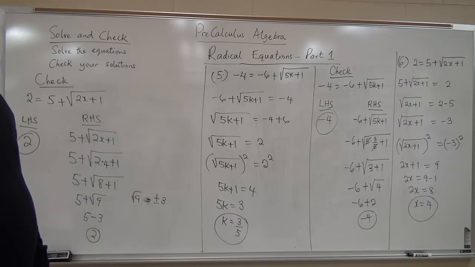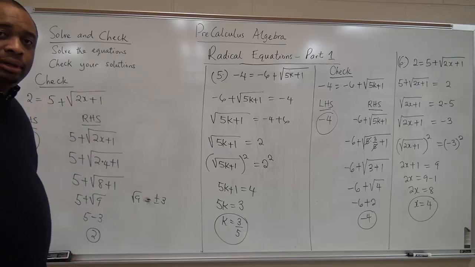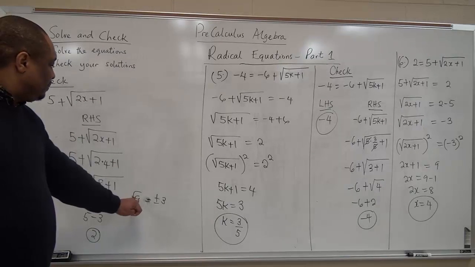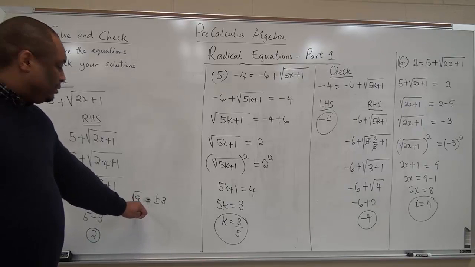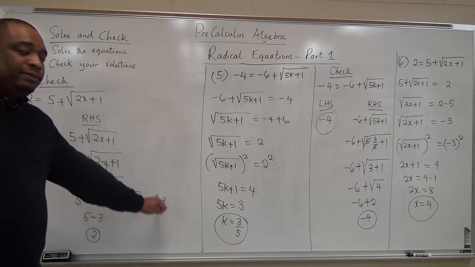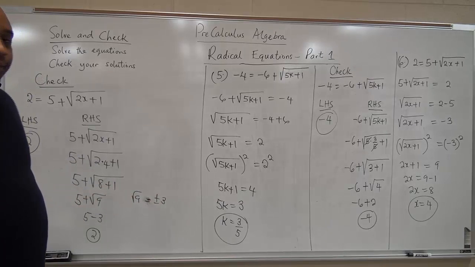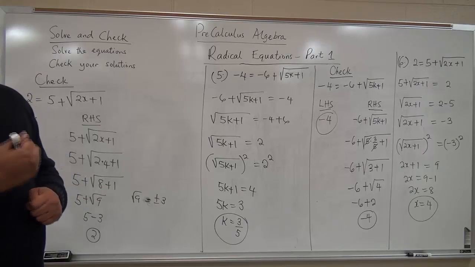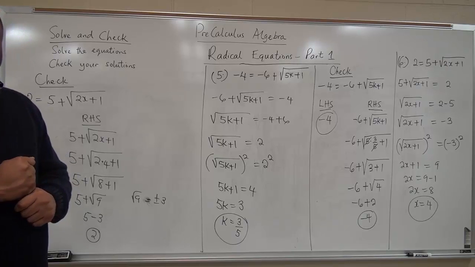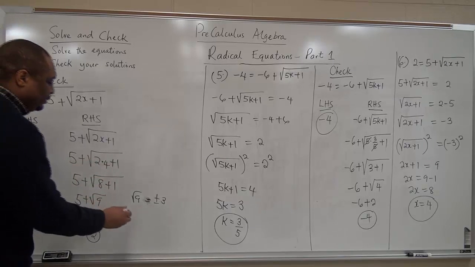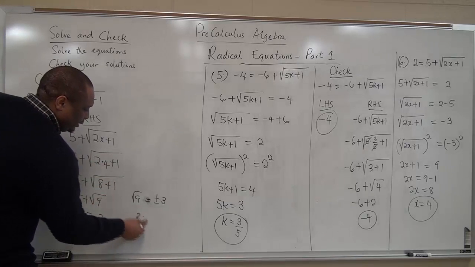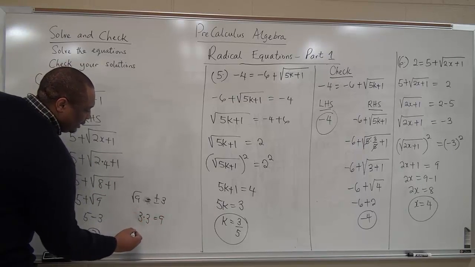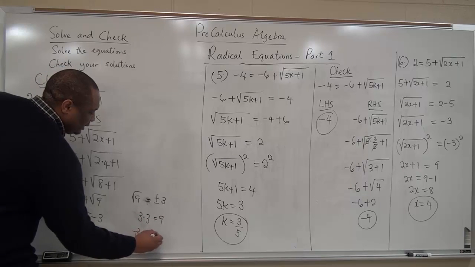And some questions don't just go like that. They might need only the principal square root. When you run into this, you can say that square root of 9 is either plus 3 or minus 3. Anytime you have the square root, it could be the positive or negative value, because 3 times 3 is 9, and negative 3 times negative 3 is also 9.